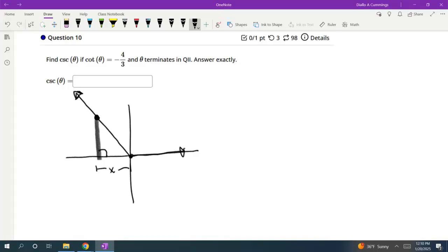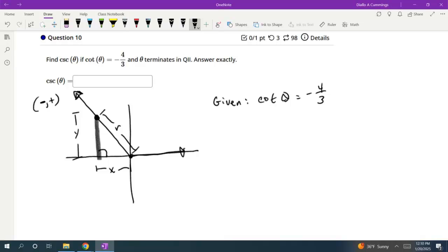Here we have x. Here we have y. And here we have r. So recall that we're in the second quadrant, and if we're in the second quadrant, the x value is negative and the y value is positive. All right, so now let's plug in the given information. We're given that the cotangent of theta is -4/3.